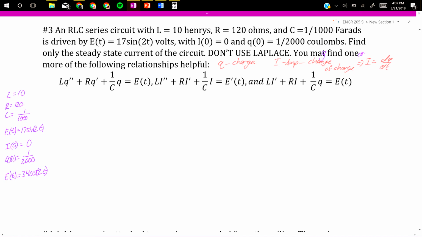So coulombs is a charge value, while amps, in this case 0, is a change of charge. It is coulombs per second. So I just want to help you understand that. That's why you're able to go from this equation here to this equation here. All it is is taking a derivative.